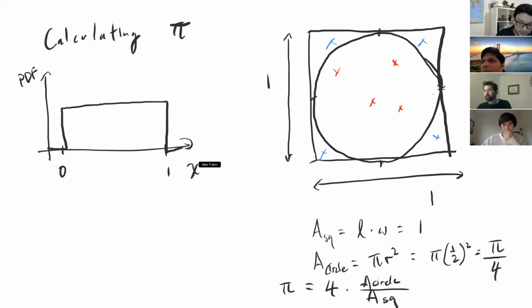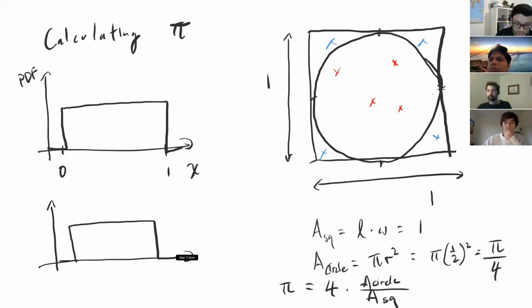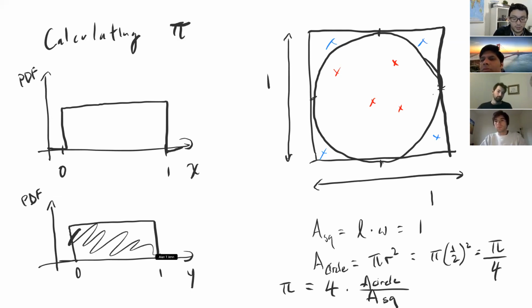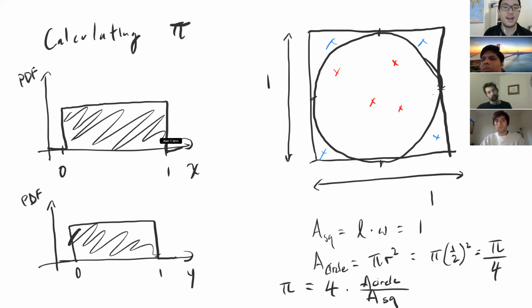This is my x value, and I can do the same thing for y, 0 to 1 for my y. And I can now take these distributions as my input distributions and randomly sample from these guys.